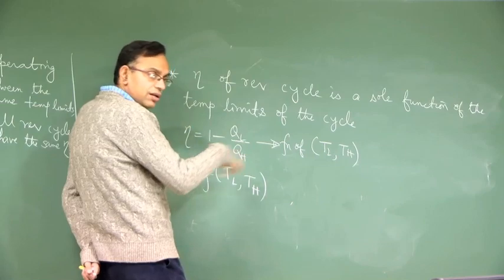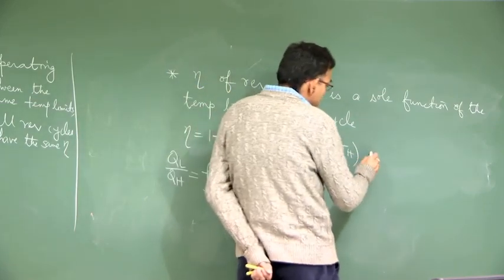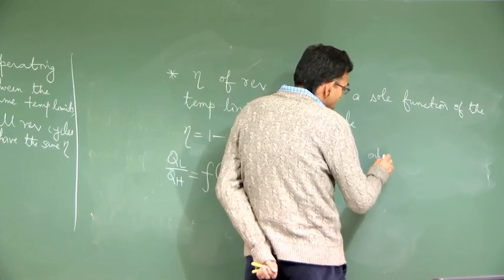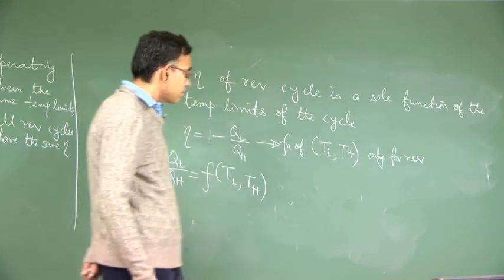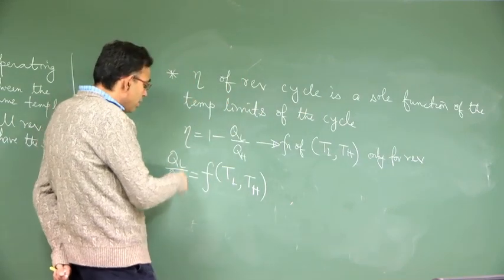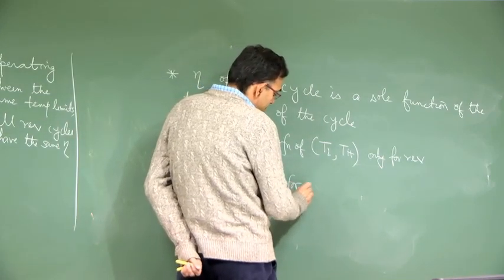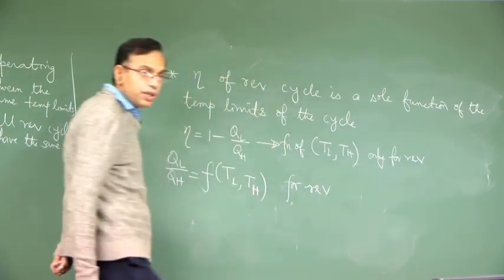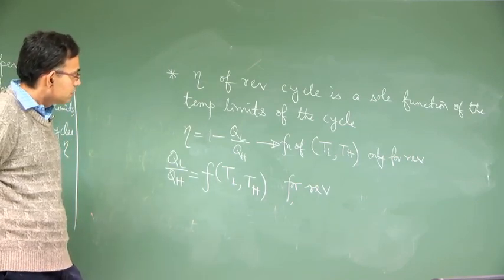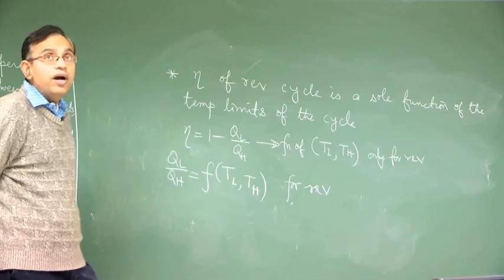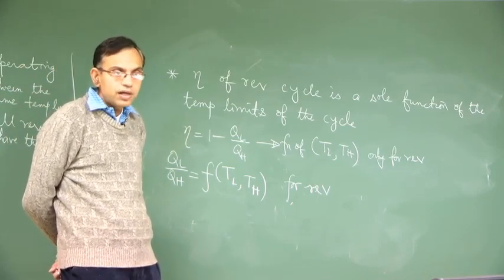This is true for all cycles, but it is a function of TL by TH only for reversible. So, that means QL by QH is equal to a function of TL by TH for reversible. That is what I wanted to mean. So, the only point that remains to be addressed is what kind of functional form.